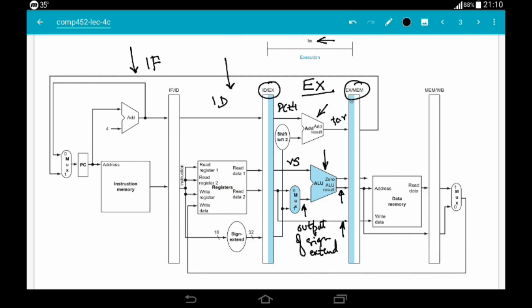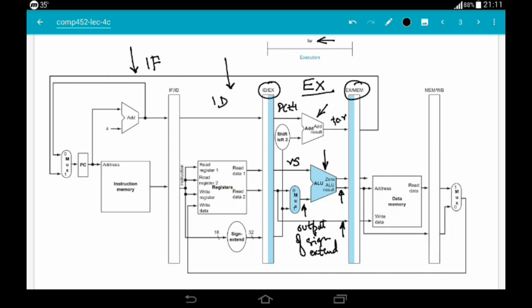And you can see that the EX/MEM pipeline register has its right half shaded, which is an indication that the values are being written into this register during this clock cycle and in the execution EX pipeline stage.